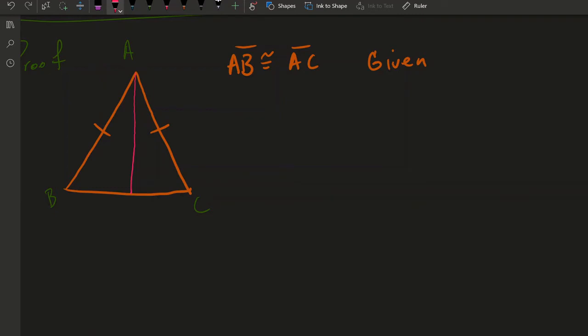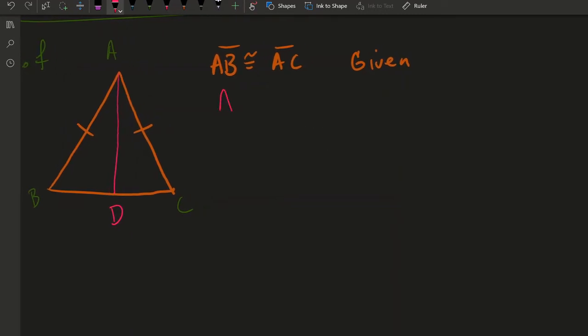So now I can say, I just created point D right there, and I'm going to say AD bisects angle BAC. Given. Am I allowed to just say that it's given? Yes, it is, because that bisector does exist.